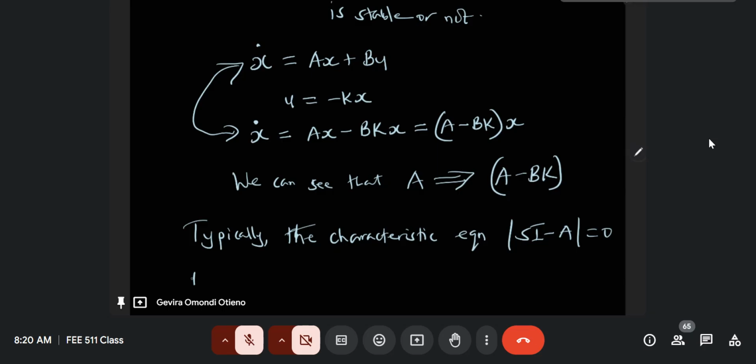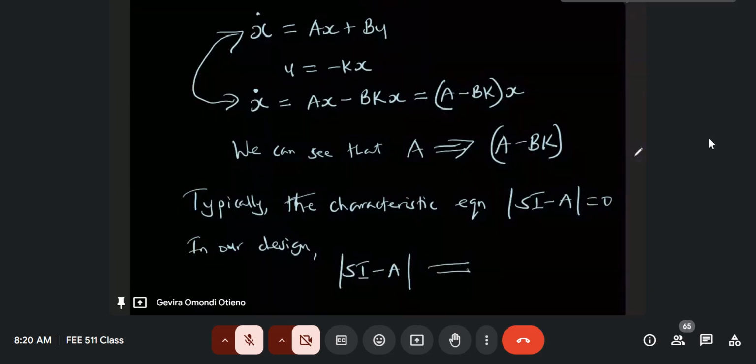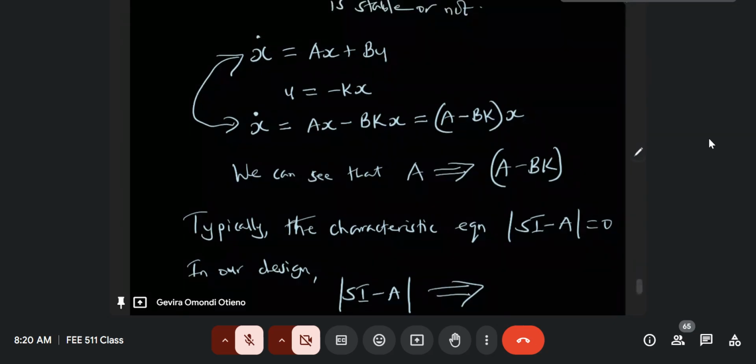But now, in our design, things have changed. In our design, we have transformed the characteristic equation, meaning what we had as SI minus A is now transformed into something else. Remember, A has changed to A minus BK. We said originally the coefficient of X was A, but now the coefficient of X is A minus BK.